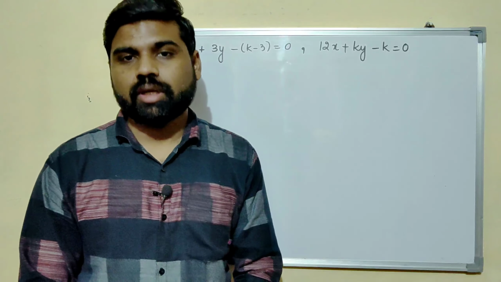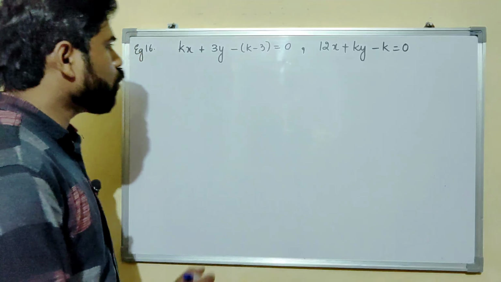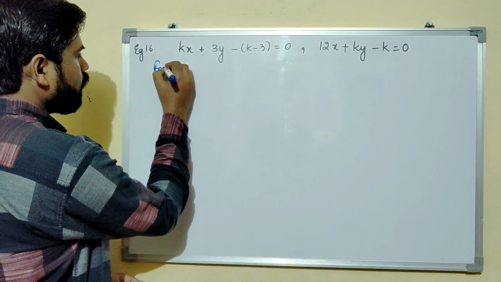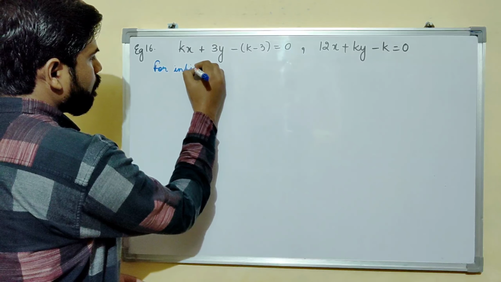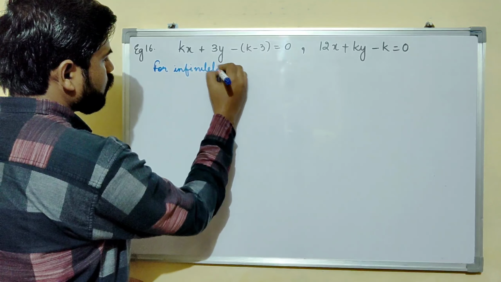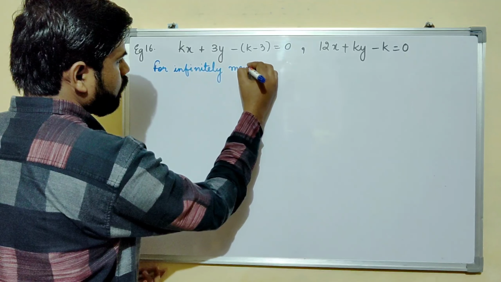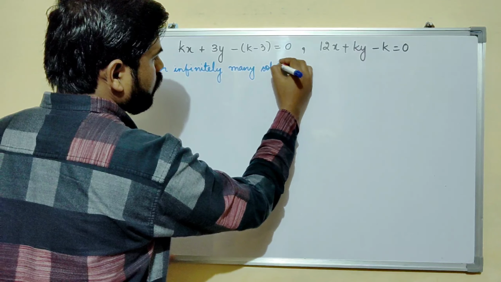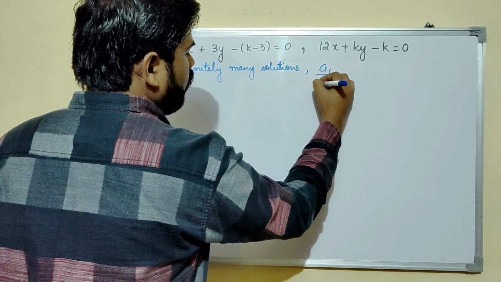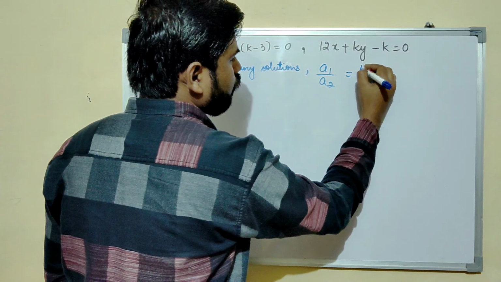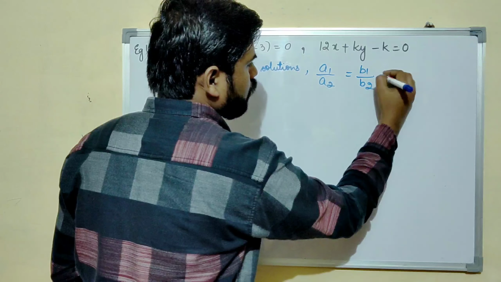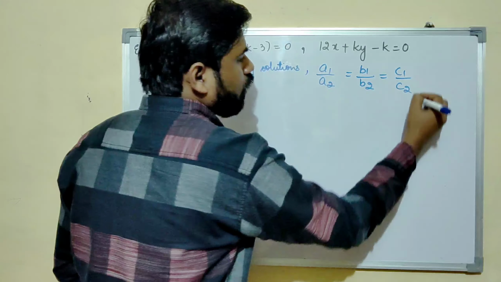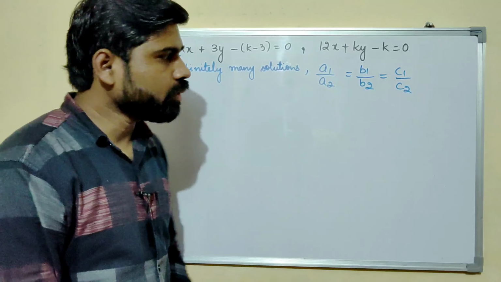Now for infinitely many solutions, the condition was A1 upon A2 equals B1 upon B2 equals C1 upon C2. Now let us substitute the values here.